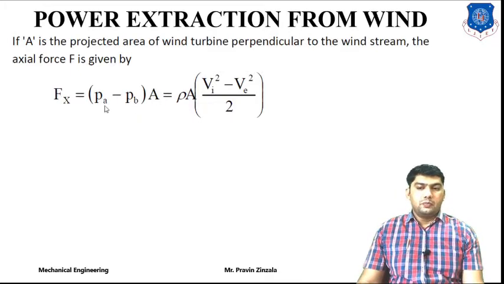So PA minus PB is equal to rho (Vi square minus V square) by 2. So the final force is equal to rho A (Vi square minus V square) by 2.